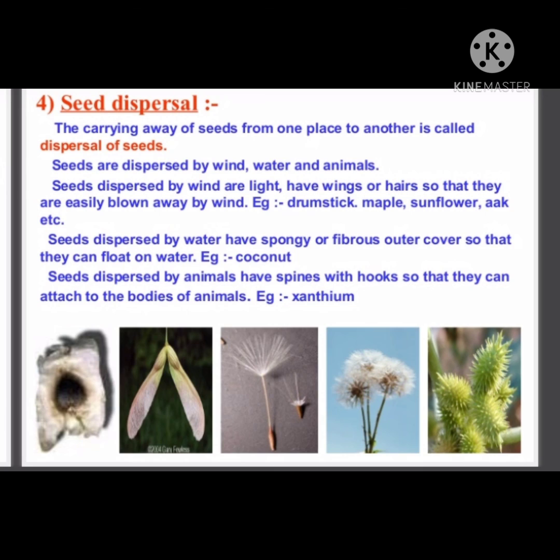Examples are Sandium, Urena, etc. Some other seeds disperse by sudden jerking or bursting, and the seeds scatter to faraway places. Examples are the seeds of castor and the balsam plant, kashitumba as we usually call it. All these are examples of such kinds of dispersal.